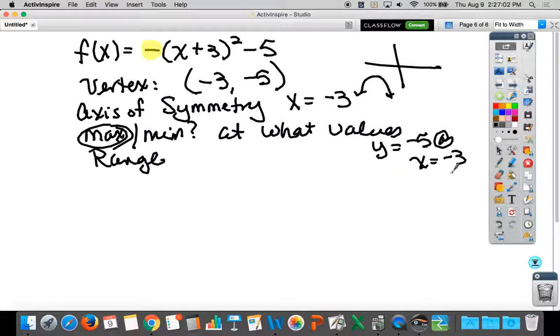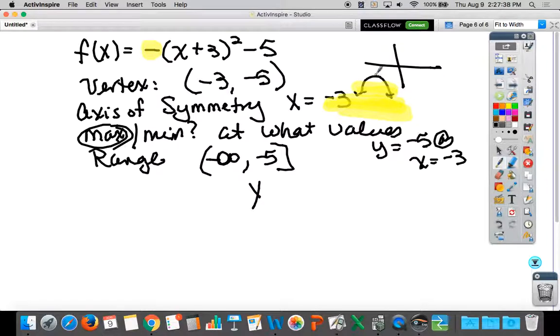Not hard, they just, keep in mind when you're talking max or min, high or low, I'm drawing that y-axis. So it's what they want, the y. And the range, looking at this, bottom, I've got things coming from where? -infinity, and they stop at -5, parentheses, brackets. How else could I write that?